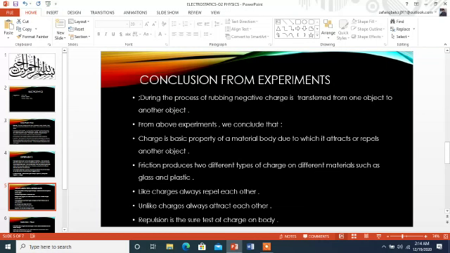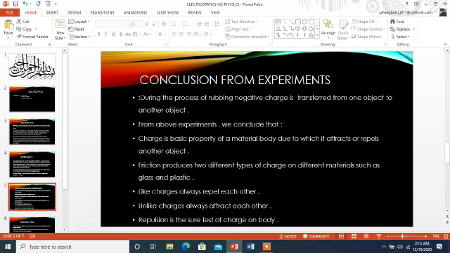Next point, like charges always repel each other. Meaning to say, positive will repel positive, negative will repel negative. There will be a force between two charges, but this force will be of repulsive nature, not attractive nature.